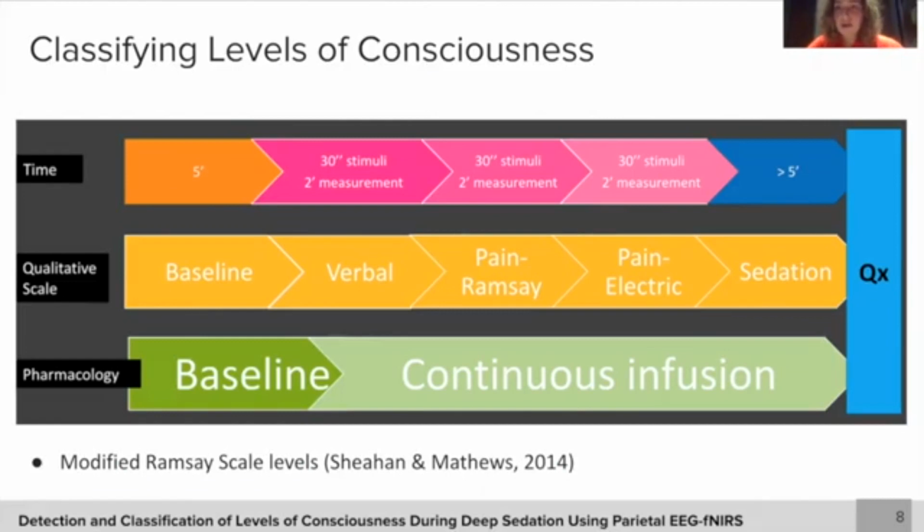Another one would be the loss of response to pain, and the final one would be a loss of response to electric pain. And then the patient, using other physiological measurements, is assumed to have lost consciousness. So this is what we will use for our classification.